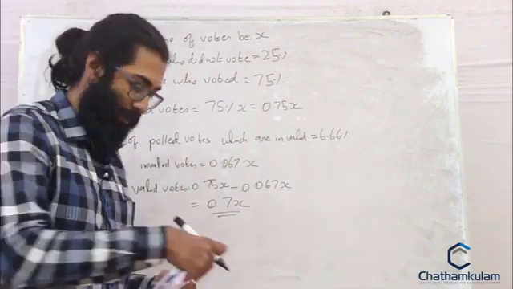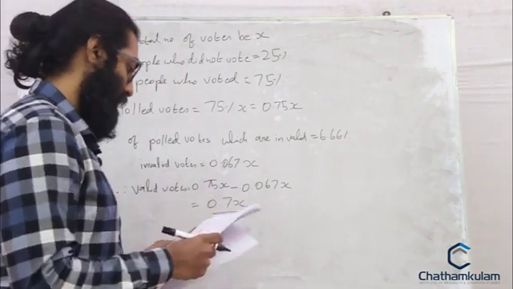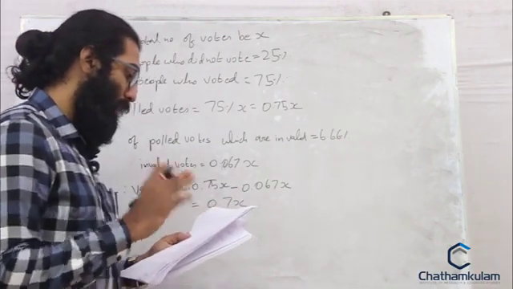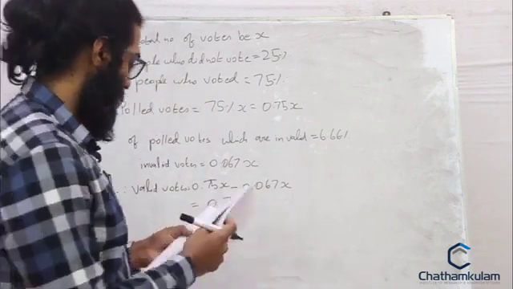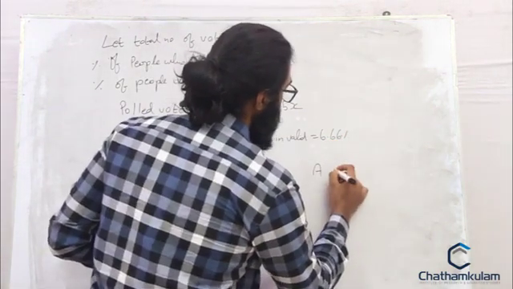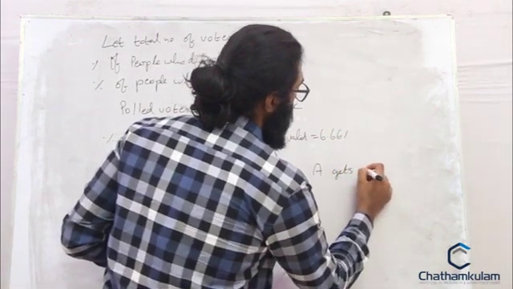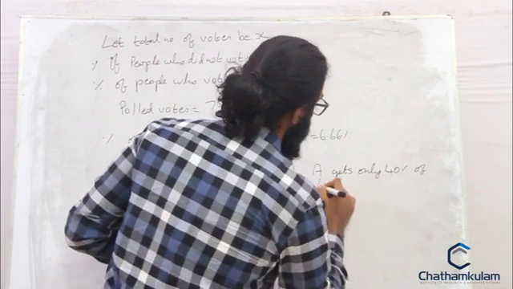So then what do we have to find out in the question? If A got only 40% of the total votes, then who is the winner? I will write it here. A gets only 40% of total votes, right?